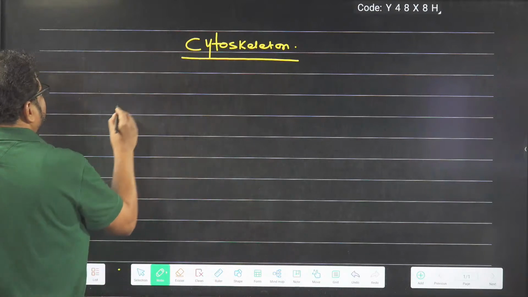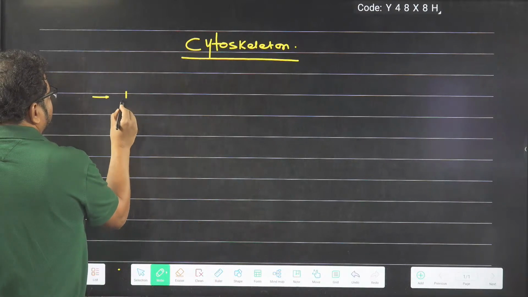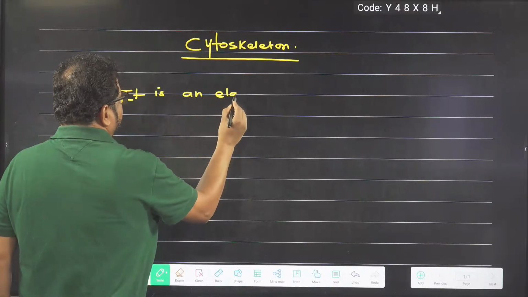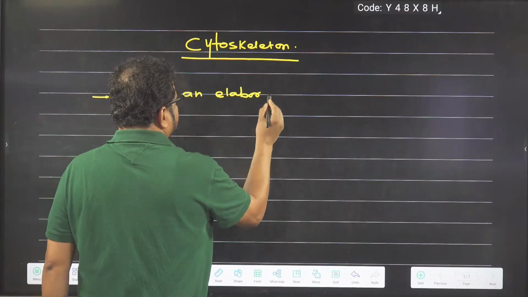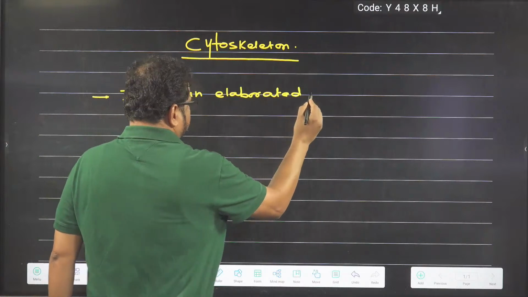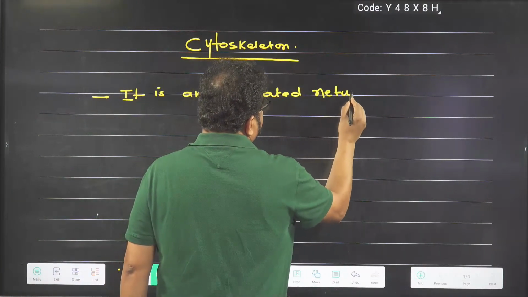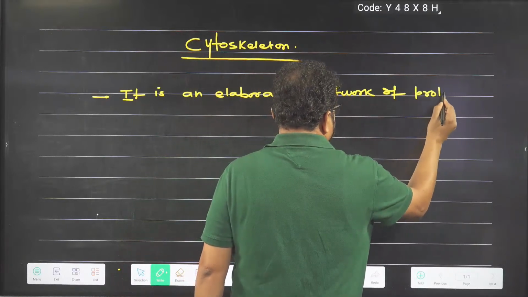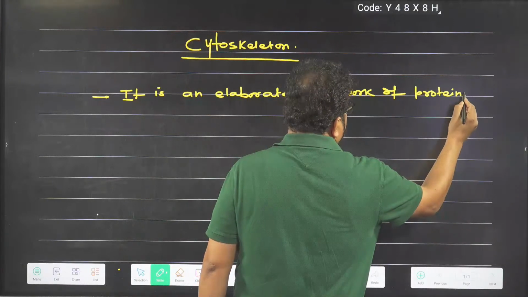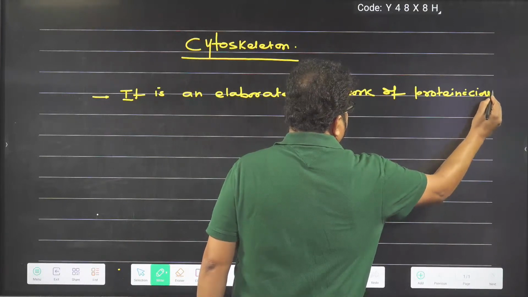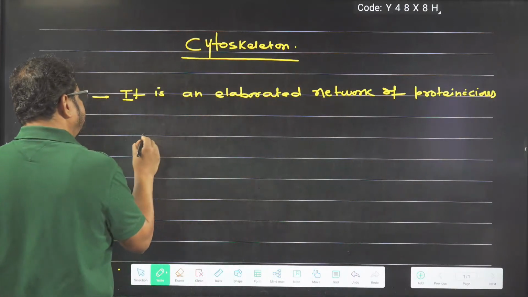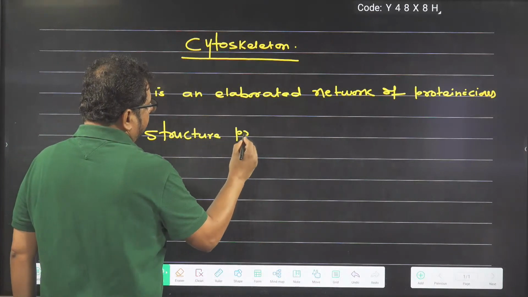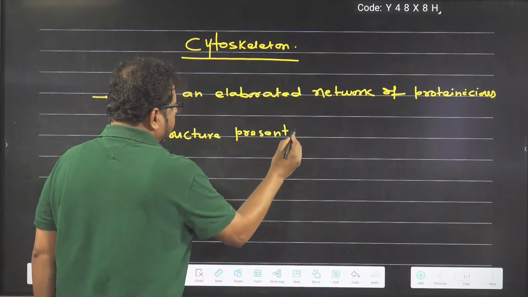So what is this cytoskeleton? It is an elaborated network of proteinaceous structure present in cytoplasm.